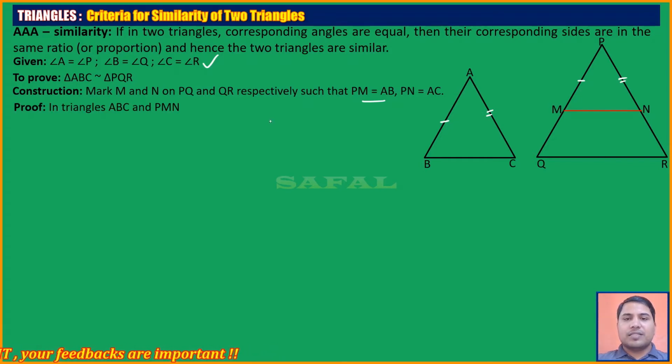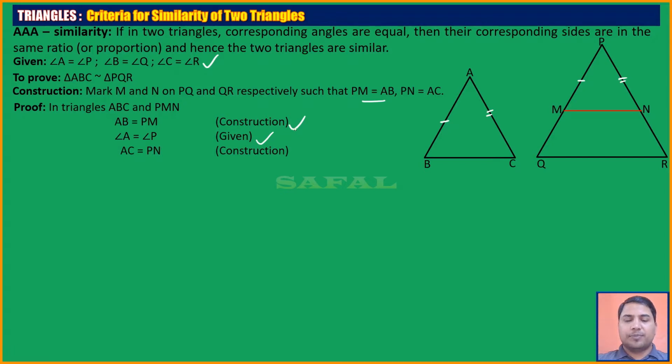Now consider triangles ABC and PMN. I can see that AB equals PM by our construction. Angle A equals angle P, that is given to us, and again AC equals side PN. So triangles ABC and PMN are congruent by the SAS congruency criteria.